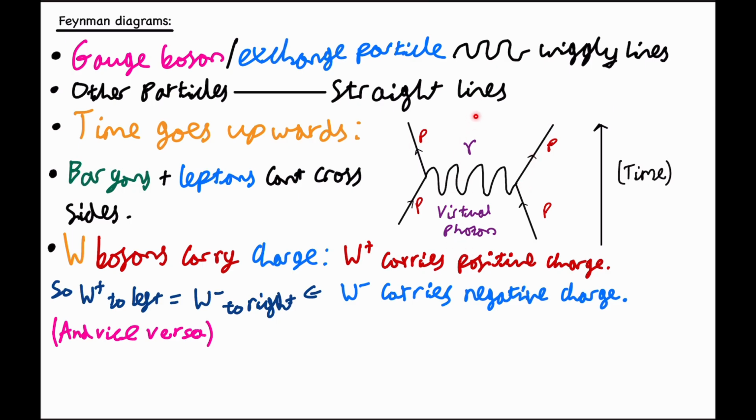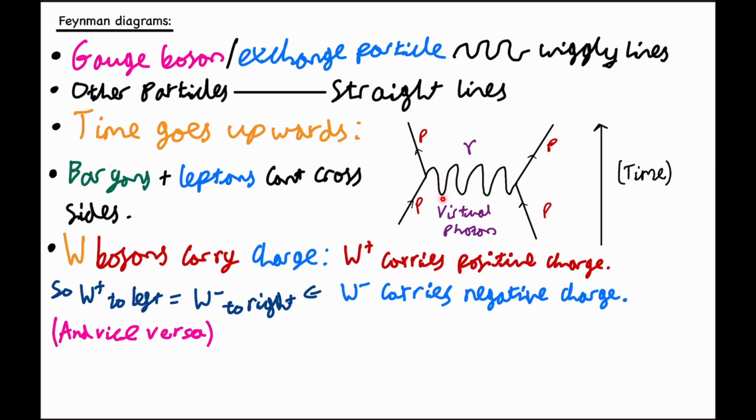So say it's split by the gauge boson or the exchange particle, the proton can't jump to the other side, so it has to stay on this side. And as you can see, time always goes upwards. So this is the same proton as this one, and this one's the same as this one, and they are repelled. So they have an electromagnetic interaction between them. They experience electromagnetic or electrostatic repulsion.